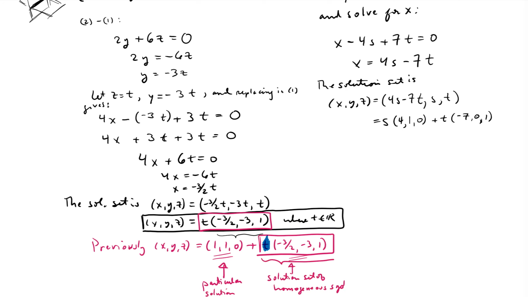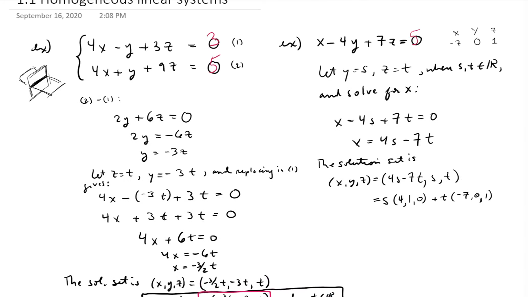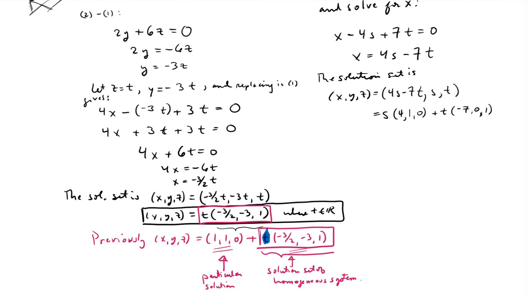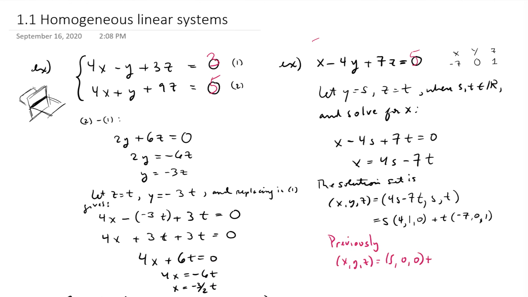The corresponding homogeneous system is the one we get by letting 3 and 5 be 0 and 0. And previously, for that non-homogeneous equation, what we had obtained was (x, y, z) equal to (5, 0, 0). That was a specific solution to our equation. Remember, if you assign 5 to x and 0 to y and z, you do have a solution, right?